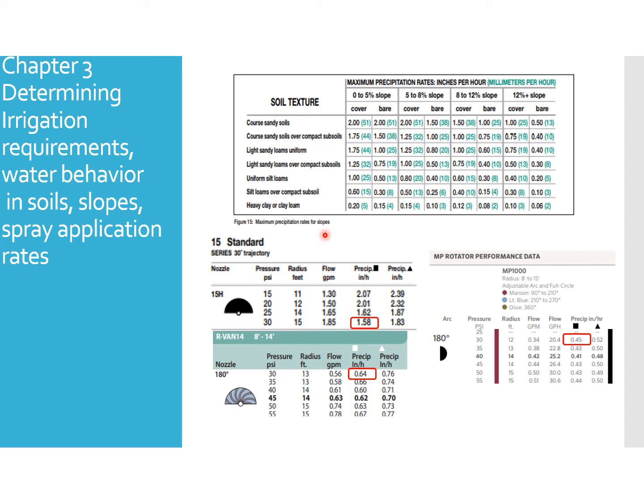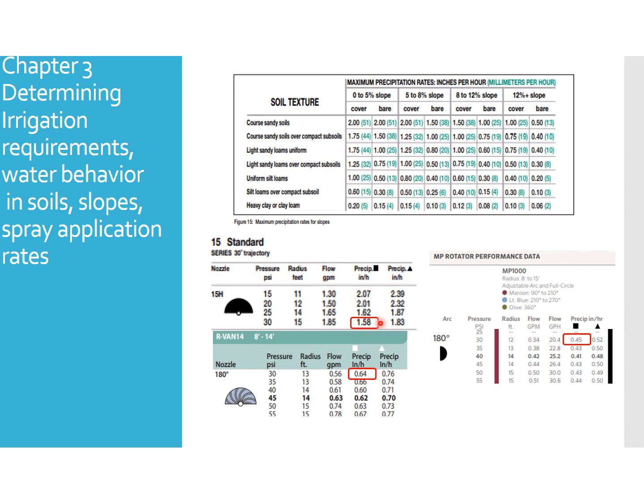So if you are going to be using a standard sprinkler nozzle, here is the application rate. This is a basic pop-up spray head that has a radius of 15 feet, which means it's going to spray 15 feet in each direction at 30 pounds of pressure. It's going to have equivalent to 1.58 inches per hour of rainfall.